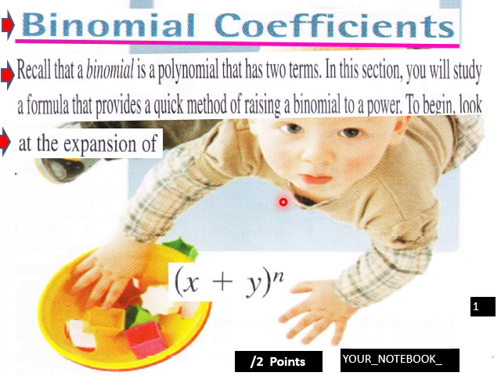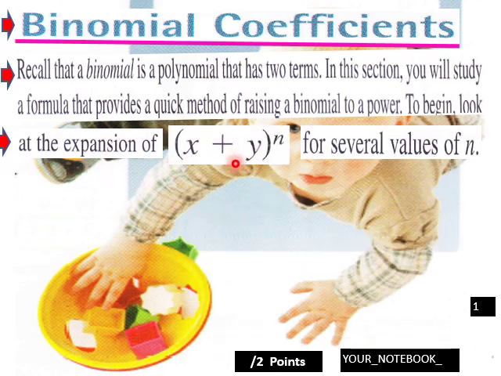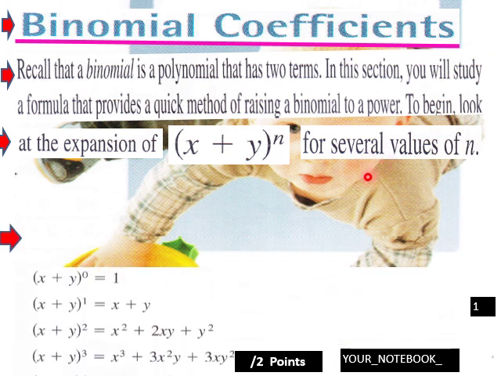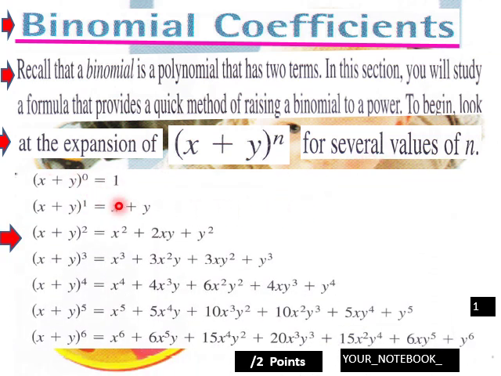To begin, look at the expansion of x plus y to the nth power for several values of n, and here is an example. We keep growing our terms for each power of this quantity. We increase our number of terms here. So this is a general template of binomial expansions.